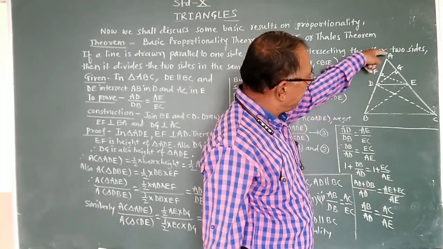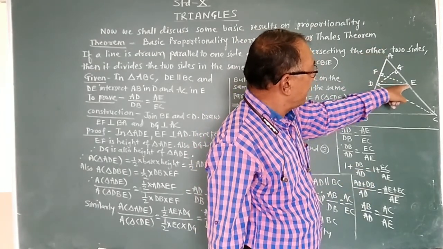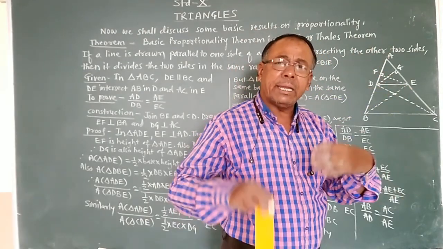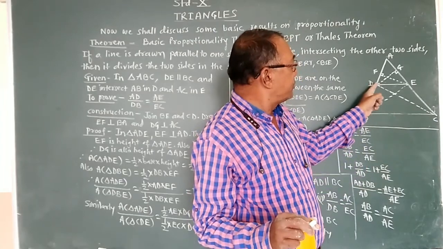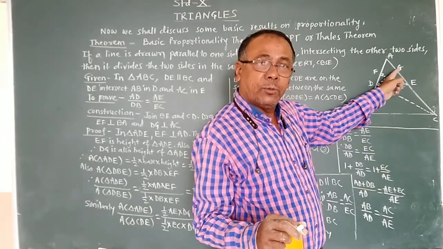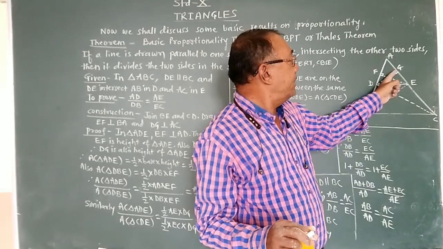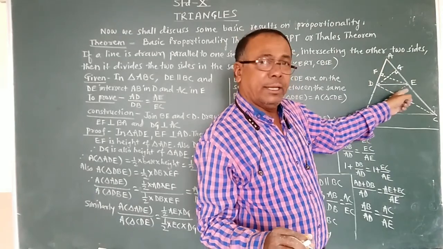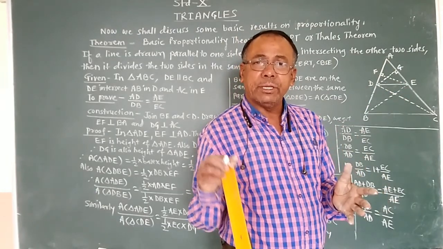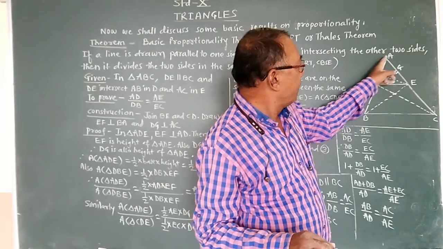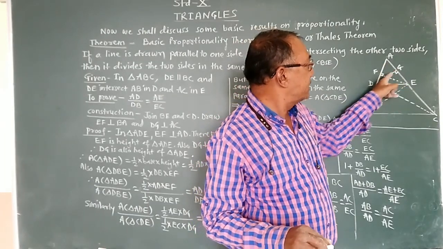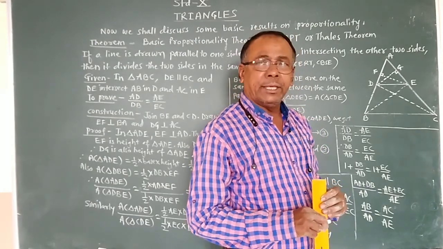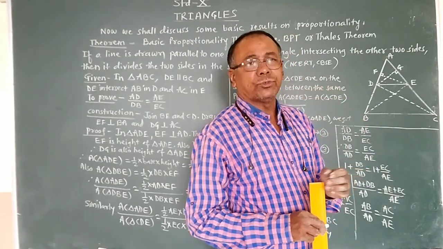Then area of triangle ADE will be 1/2 into base AD into height EF. Similarly, if we consider the height BC, then the base will be AE, and area of triangle ADE is 1/2 into base AE and height BC. In this way we can write the area of triangle ADE in two forms.